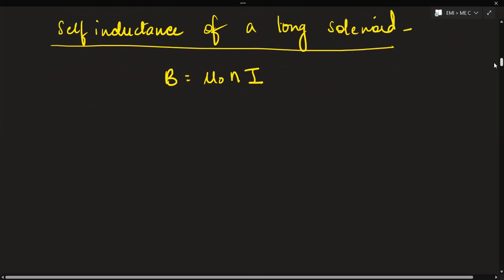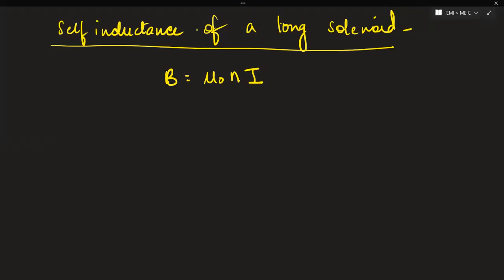See, magnetic field B is equal to mu naught n i in this formula. Fatima, do you remember what small n was from here? Sneha, can you answer?